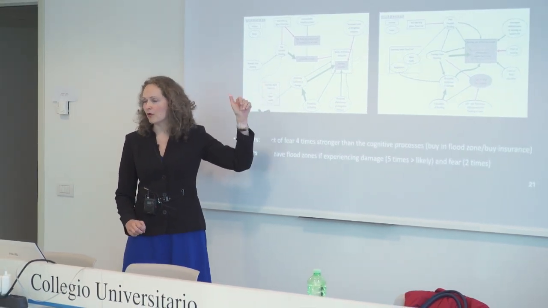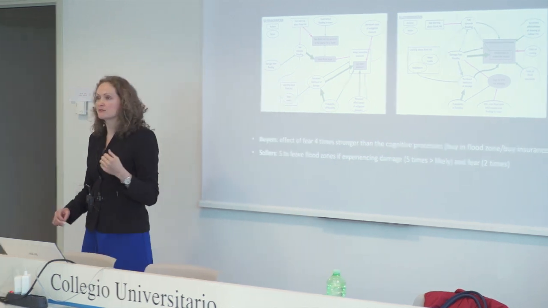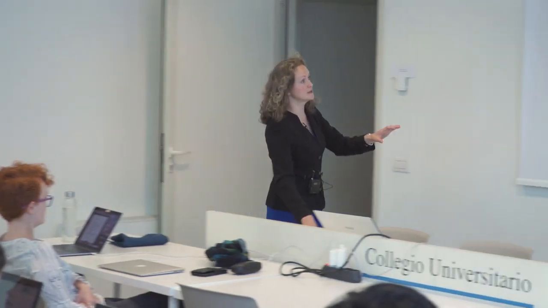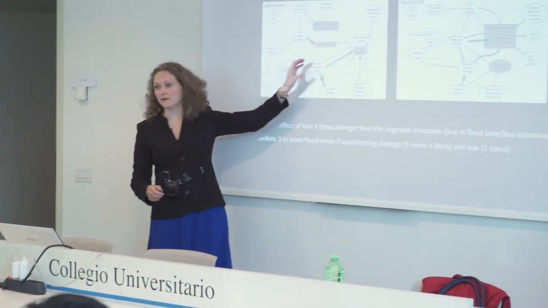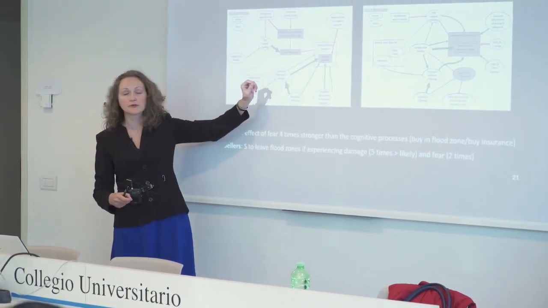shaping the decision of buyers versus sellers on this market, because they had access to different types of information. So there was information asymmetry as well. And how can this information further influence the decision? The green arrows here show that there is a positive effect, and the thickness of the arrow means that it's stronger.